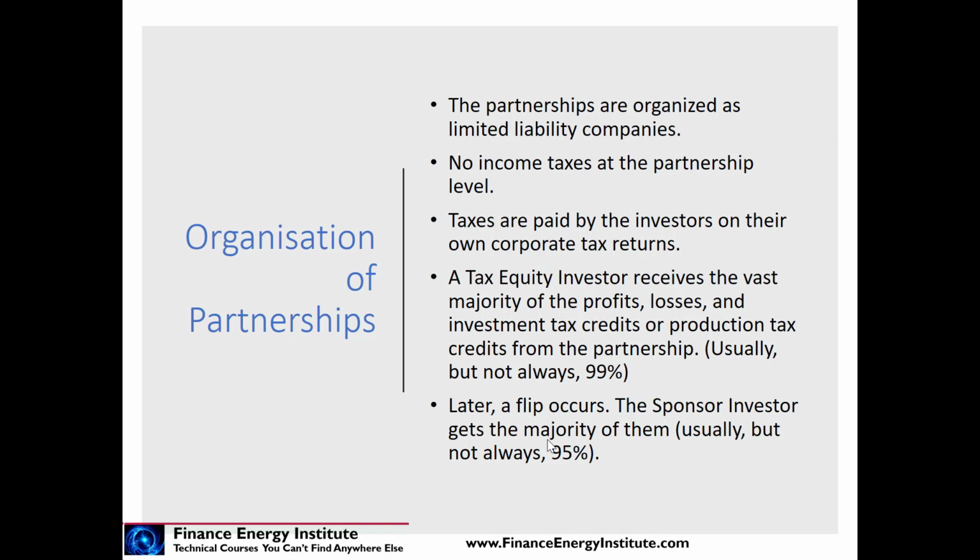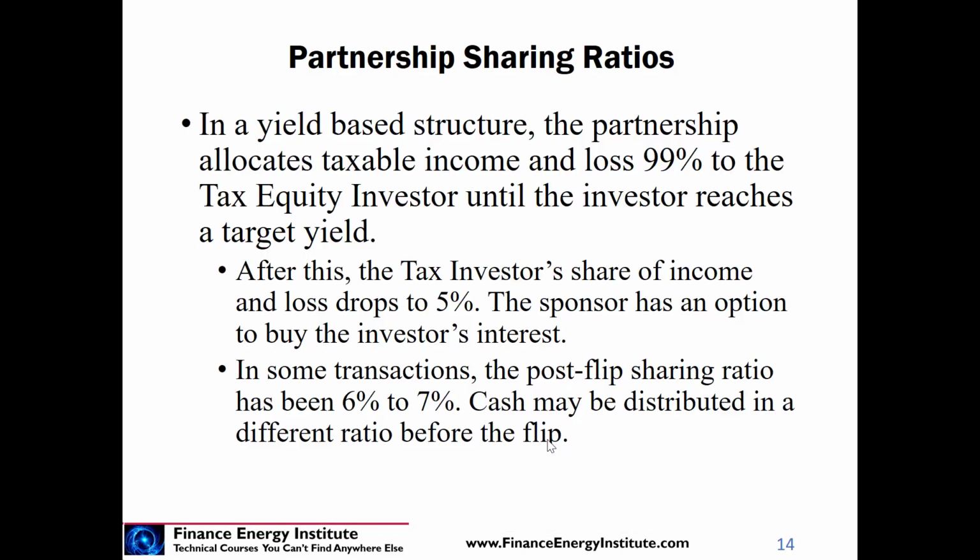There are these things called flips, and who gets what share of both the income and the cash flow. You just have to understand there's cash flow and there's income. Those are two different things, and they're allocated to two different investors, so we've got a kind of matrix, and they get allocated at different percentages at different times.